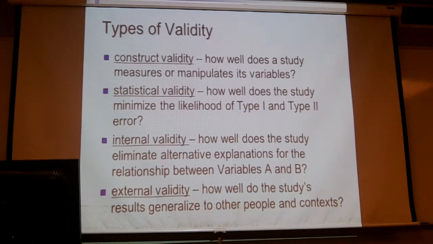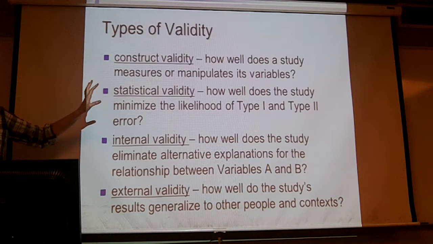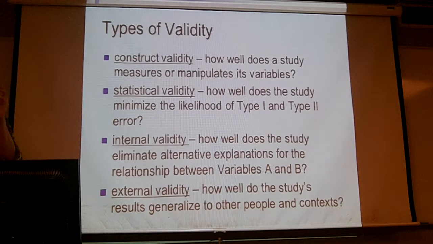And we have to evaluate the study in terms of how convinced we are that when I see a significant result in that results section, I believe it, I trust it, I think it's correct. Or if they don't find a difference, how confident am I that that lack of a difference is real and that it's not an artifact of some lack of control or bad decision making on the researcher's part.